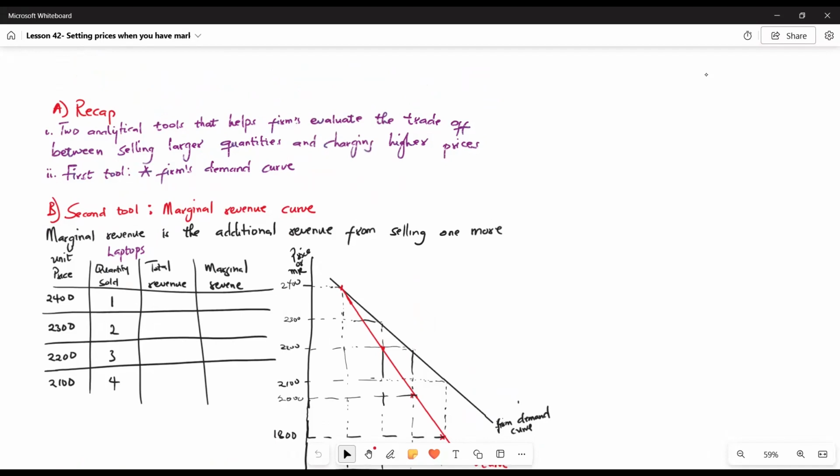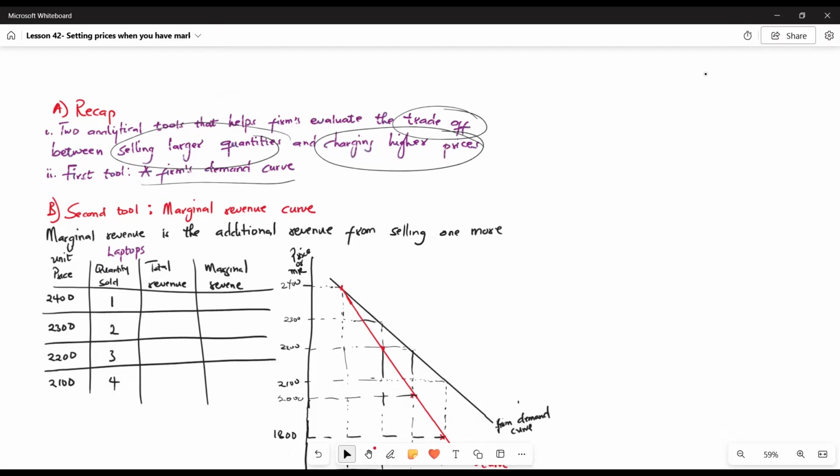So, in our previous lesson, we saw that firms have two analytical tools that help them evaluate the trade-off between selling larger quantities and charging higher prices. Now, we talked about the first one being a firm's demand curve, where we saw that firms that have lower market power have a relatively more elastic demand curve, and firms that have a higher market power have a relatively more inelastic demand curve.